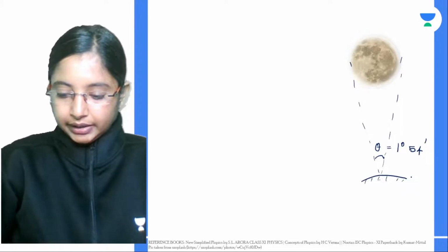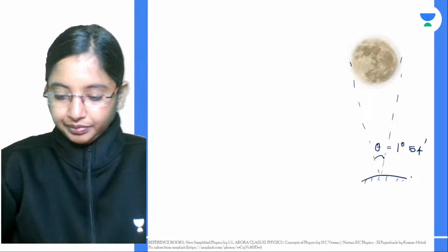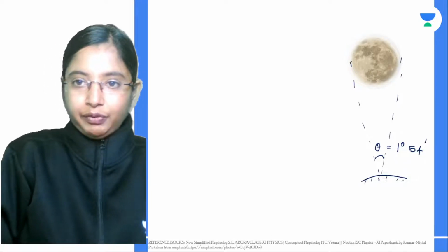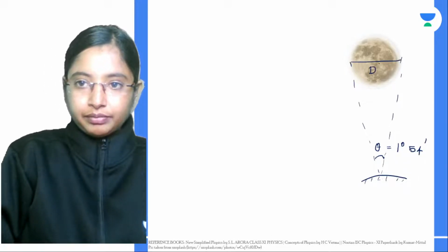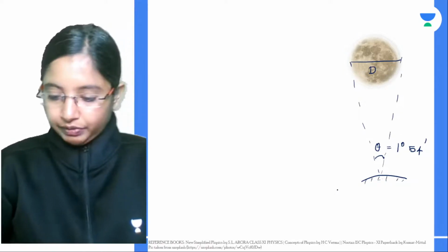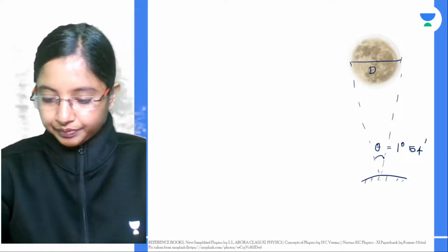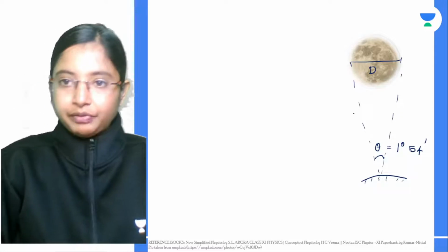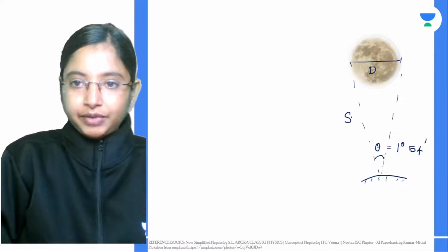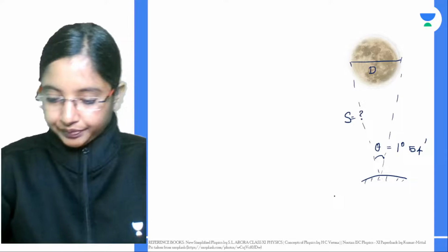And we also know the diameter. We want to find this d. Now how will we find the answer to this question? We have to find the distance according to the question.